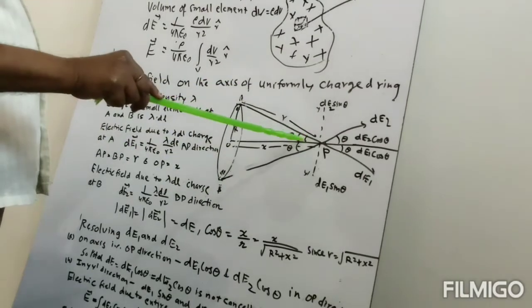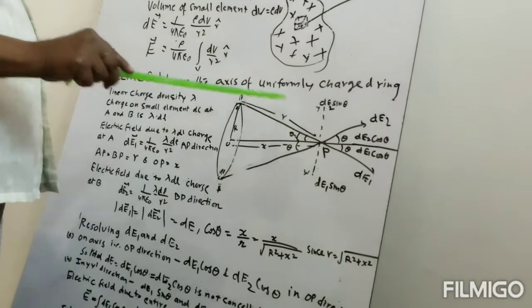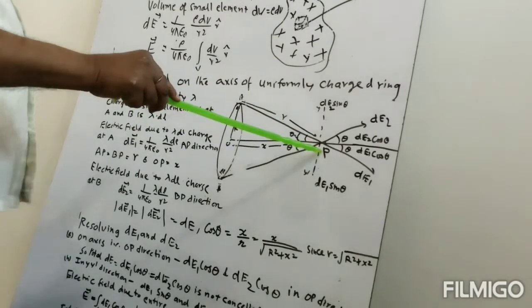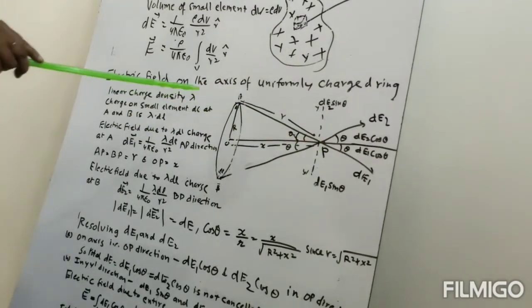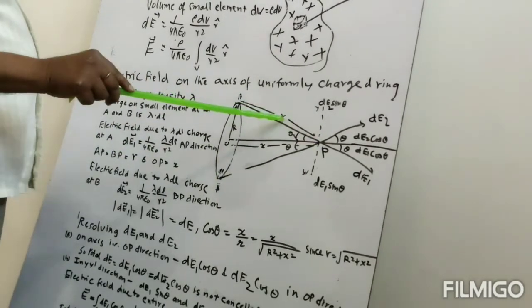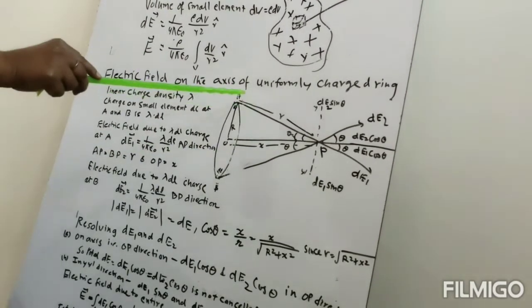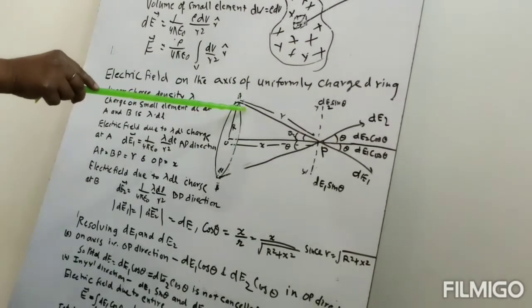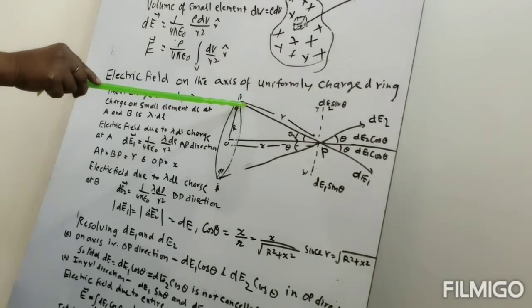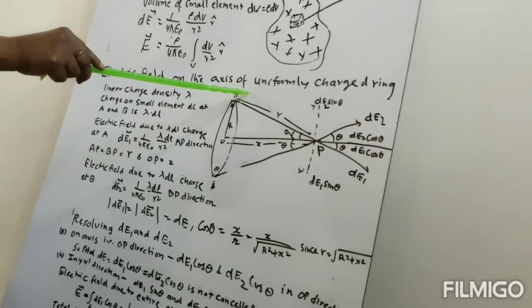They are equidistant from P, meaning AP is equal to BP. The angle subtended by AP and BP with the axis is theta. So the charge on the small element at A or B is dl multiplied by lambda.